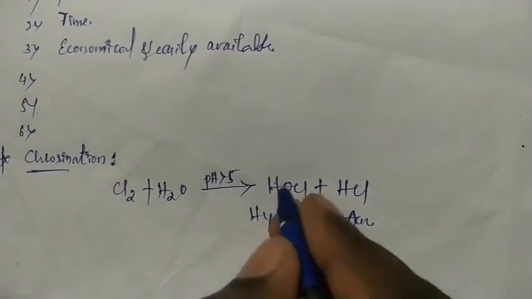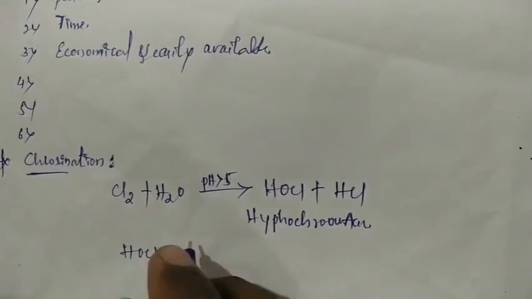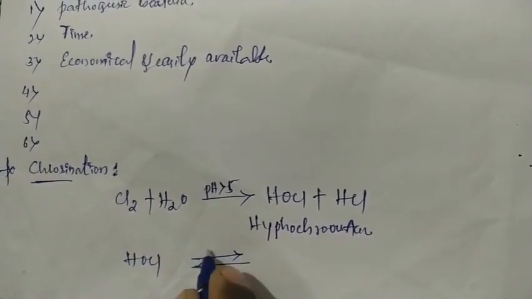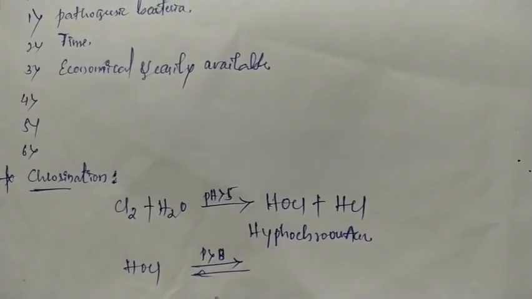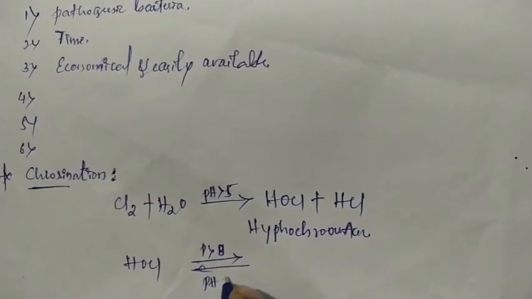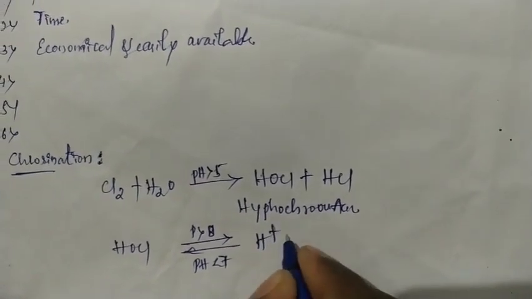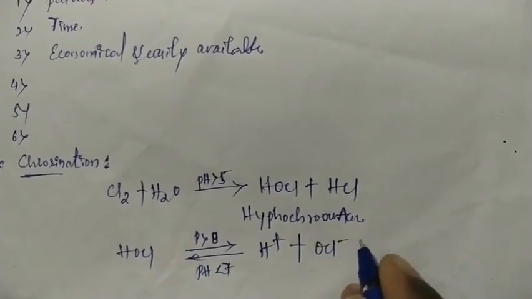This hypochlorous acid again dissociates under high pH, that is a pH range greater than 8, and pH 7. In this case, it will form the hydrogen ion and the hypochlorite ion, that is OCl minus.